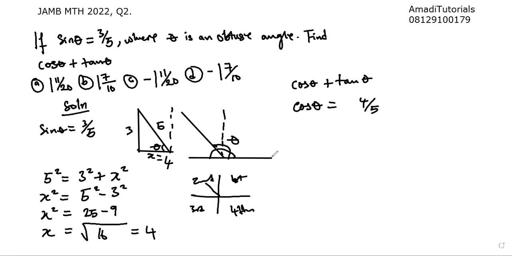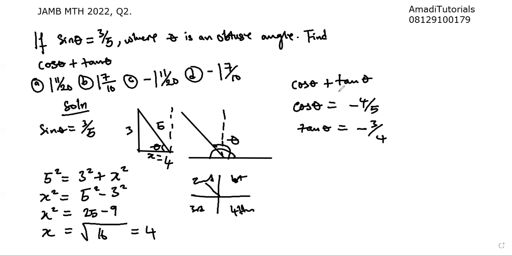Cos on the second quadrant is negative, so it will be negative here. Tan theta, tan is opposite over adjacent. Opposite there is 3, adjacent is 4. On the second quadrant, since it's an obtuse angle, tan is negative.